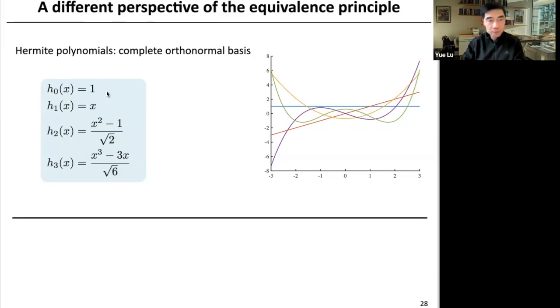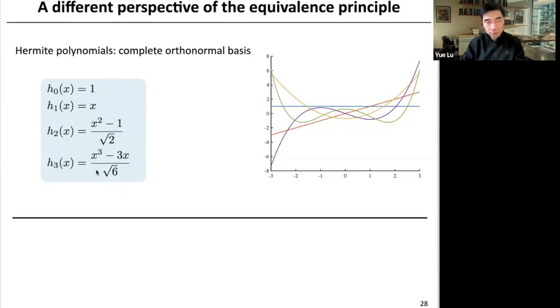To me, the best way to understand this equivalence principle is to first rewrite this nonlinear transformation as a linear combination of polynomials, in particular the Hermite polynomials. Hermite polynomials are a family of orthogonal polynomials, and here I give the first four.